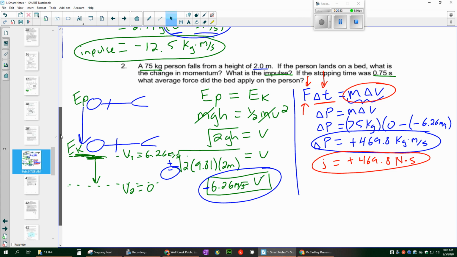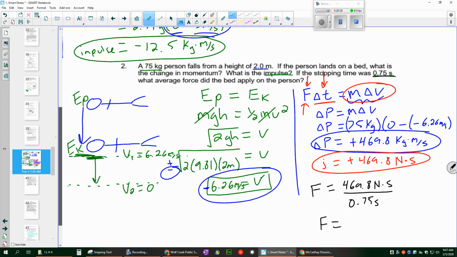So we'll say force is equal to our number there, 469.8 newton seconds, over our time of 0.75 seconds. So our force is 626.4 newtons. Okay, that's it.